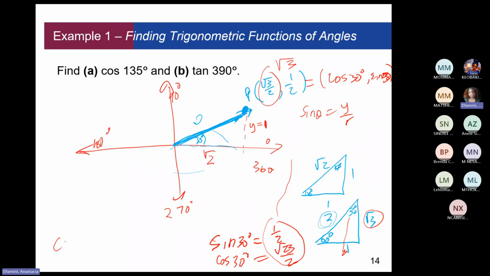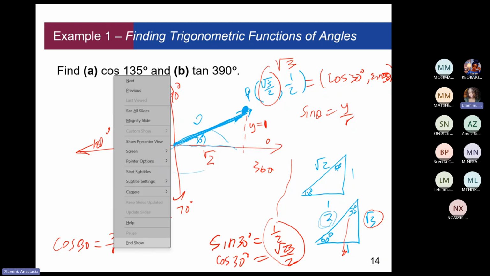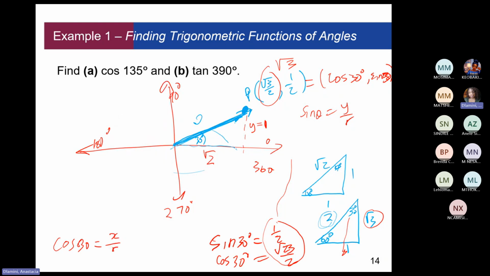We know cos of 30 degrees is equal to x over r, and in this case our x is √3/2. I'm just showing the relationship before going to what she was talking about. Are we all together there? Let's go back to what she was saying.